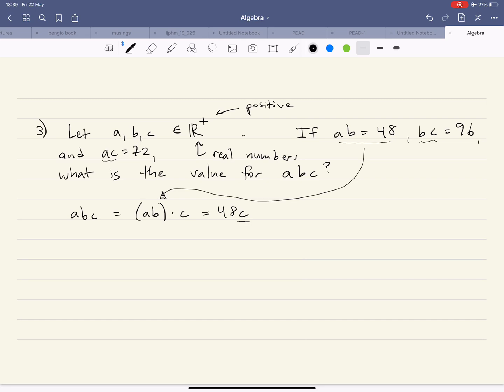However, if B times C equals 96 and A times C equals 72, then we could express C in terms of B and A. So C is going to be, from the top one, 96 over B. And from the bottom one, it's going to be 72 over A. Okay.